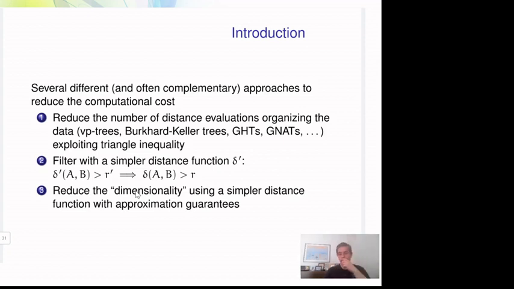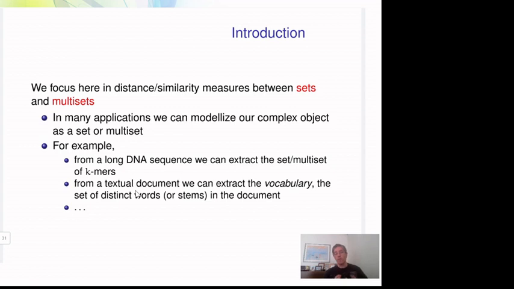In particular, we will focus on the cases where we need to evaluate the similarity of two objects which are or can be modelized as sets or multisets. As an example, we can consider long sequences of DNA, divide the sequence into groups of k consecutive letters.